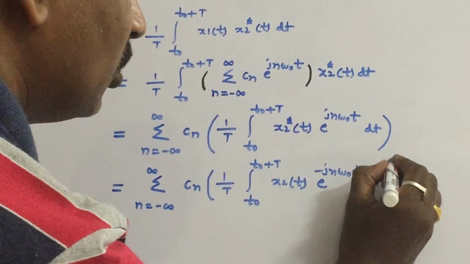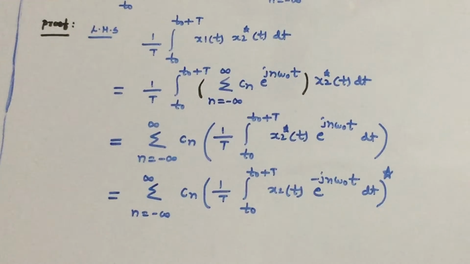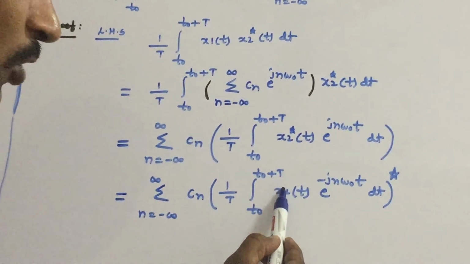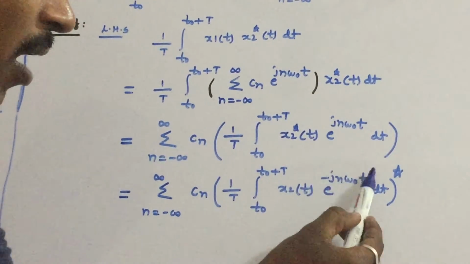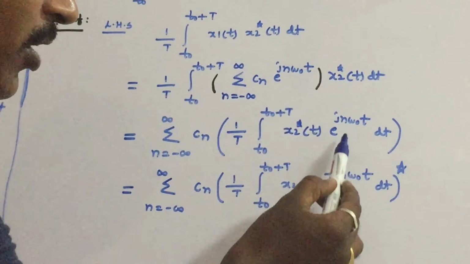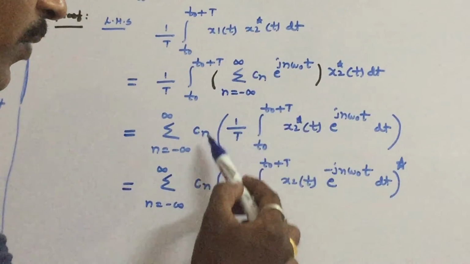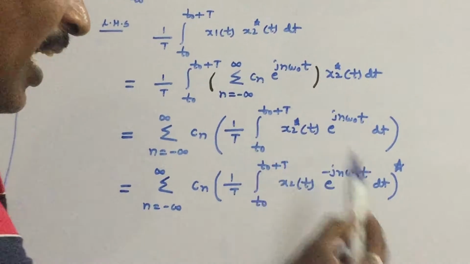So put star here, the complex conjugate. Star denotes complex conjugate, so take this complex conjugate inside x2 star of t. The complex conjugate of e power minus j n omega 0 t is e power j n omega 0 t. So the upper term will remain as it is if you change like this.